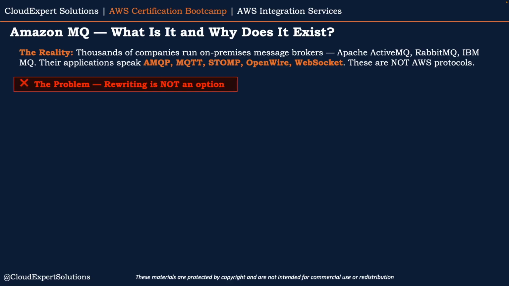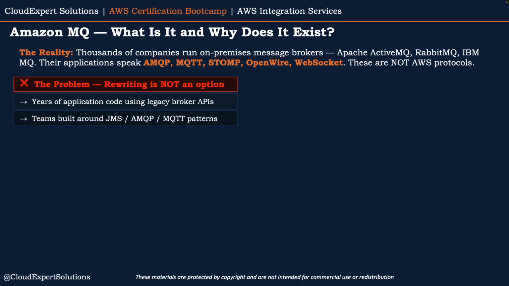And here is the problem. SQS and SNS are great services. However, they provide AWS specific APIs. Your application is using hundreds or thousands of lines of code connecting to the legacy broker API. The code base or the application has been built to speak MQTT or JMS or STOMP or the OpenWire protocol.